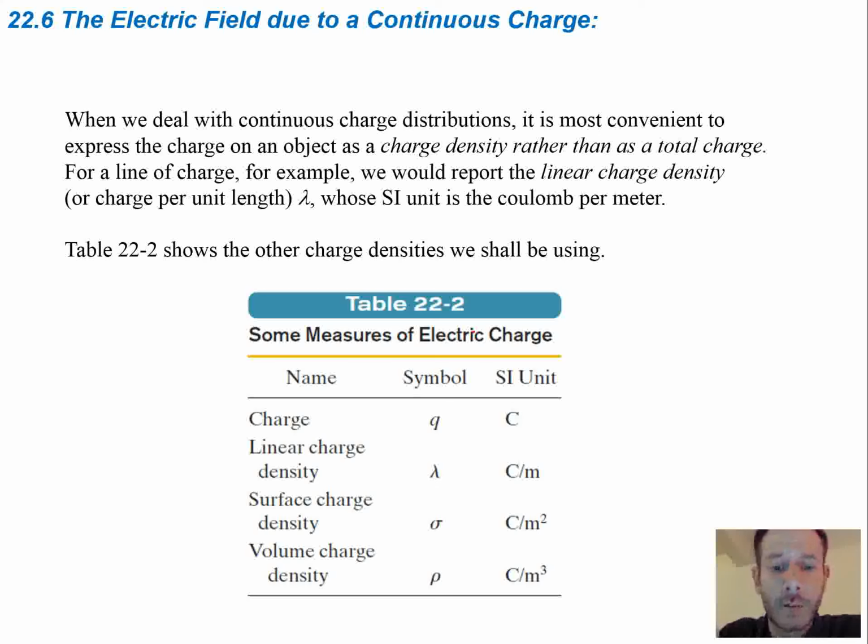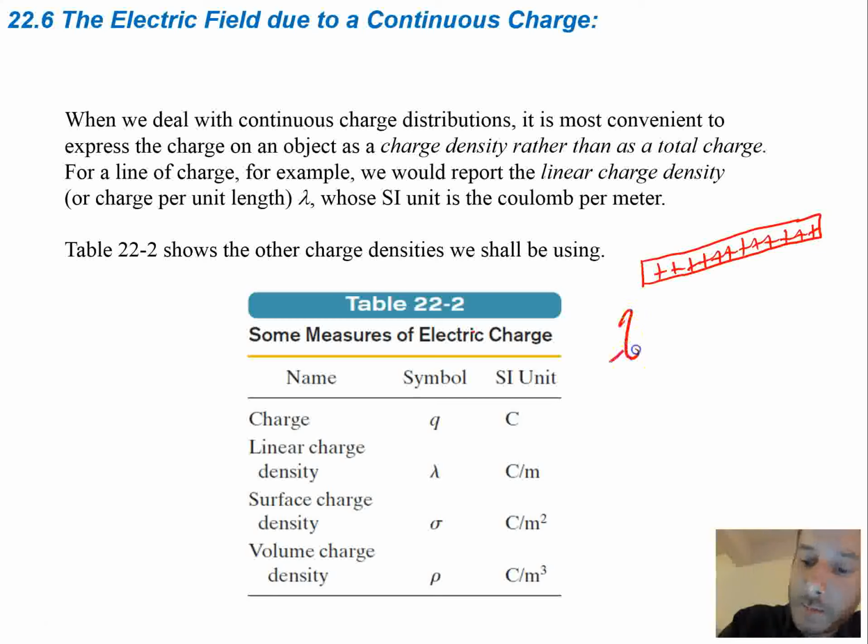So for a line of charge, for example, if I had something like a rod, and there was some charge over the entire thing, we would report a linear charge density, or a charge per unit length, lambda. So lambda is used for that. It's some charge per unit length, so we can just say q over L, whose SI unit is going to be coulombs per meter. So that'll be C over m.